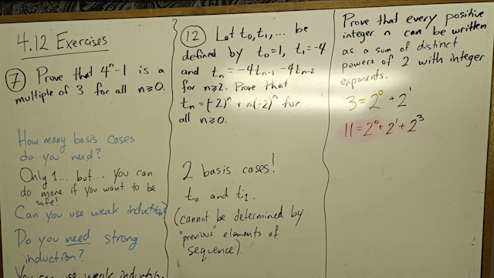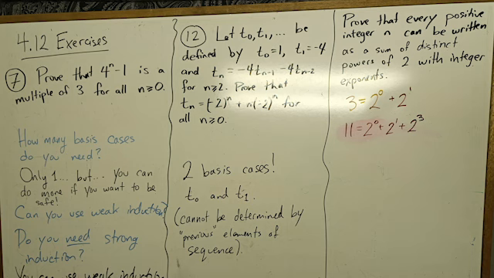So if I wanted to prove something about T1, I cannot use information about T0 to prove it, because T1 is not defined in terms of T0. It's just defined to be -4. And so T0 and T1 need to be treated separately outside of the induction. Therefore, they must be the basis cases.